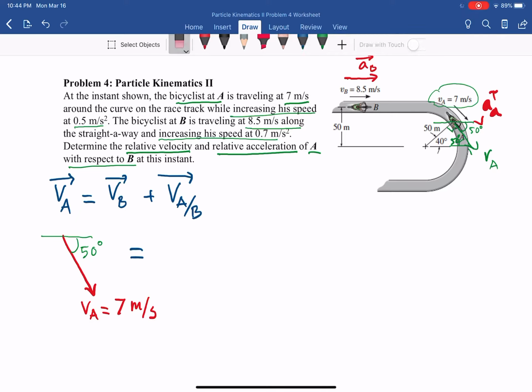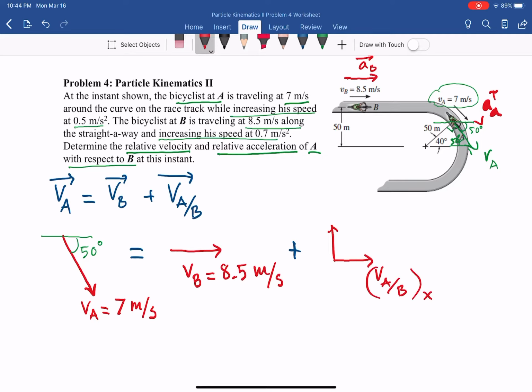VB is simple. It goes to the right, so we can write VB, 8.5 meters per second, plus VA relative to B. We don't know that yet, so there are two components, VA relative to B in x and VA relative to B in y. We have done this so many times, so you should be familiar by now.